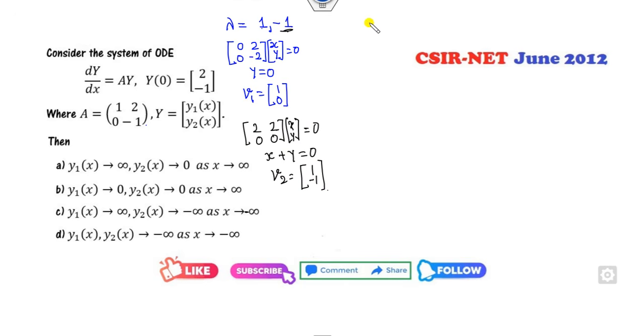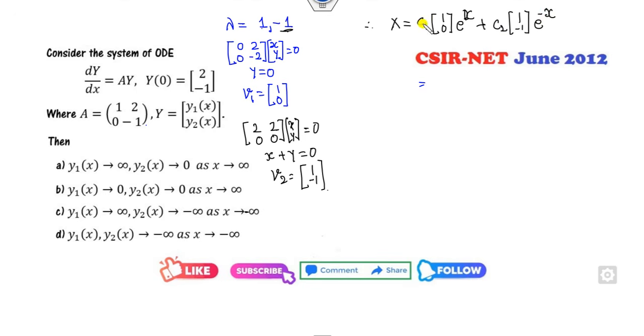So the second eigenvector will be 1, minus 1. Therefore your solution will be c1 into v1 corresponding to the first eigenvalue, e raised to power x, because the independent variable is x, plus c2 times 1, minus 1, e raised to power minus x.